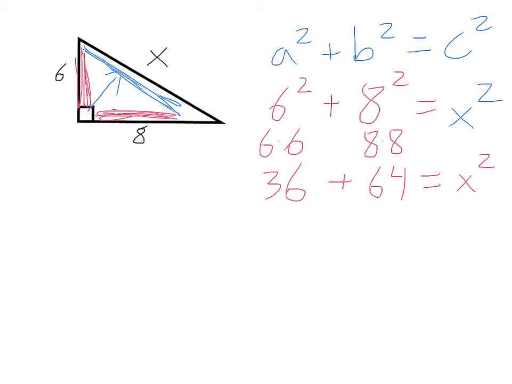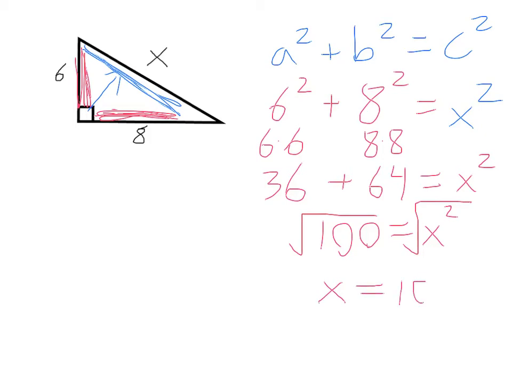So that means that 100 is equal to x squared, which means if we take the square root of both sides, we get that x is equal to 10, because 10 times 10 is 100.